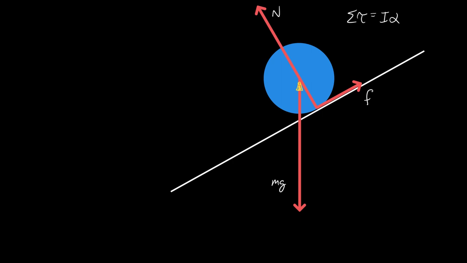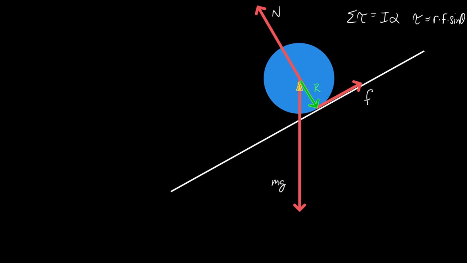I'll remind you too that a torque is R times F times the sine of an angle. So I see that there is a torque arm, which is probably this distance from the pivot point to the point of application of the friction. And that torque arm length is the radius of my object. Any question about that? All right.